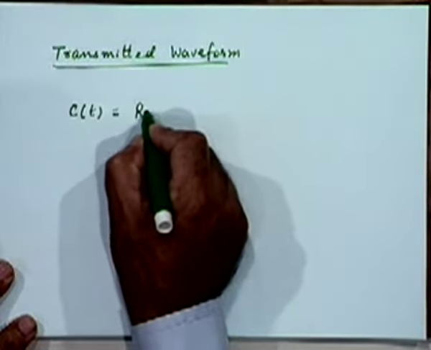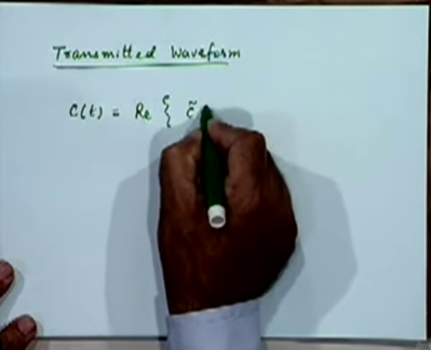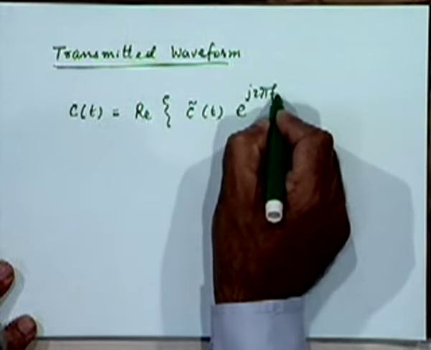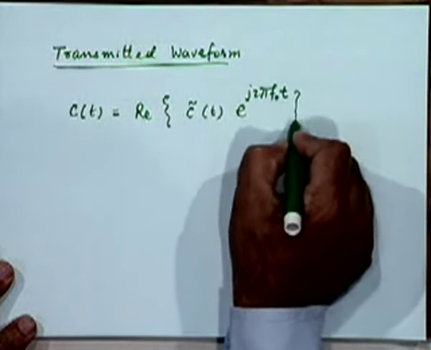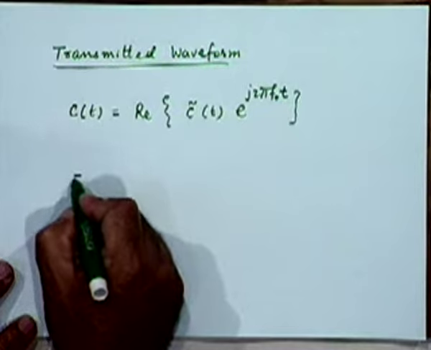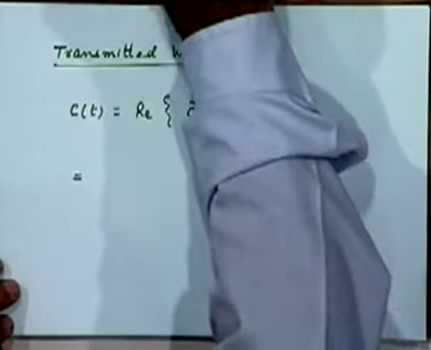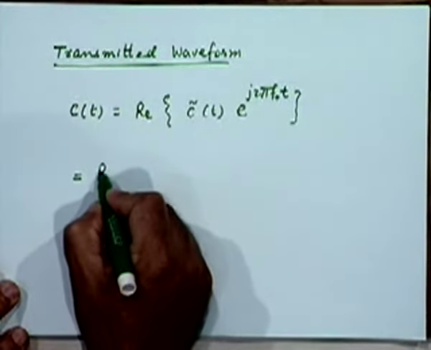So it's the real part of this multiplying e to the power j2πf0t, or fct, whatever. Now, let me go through a little bit of simplification.